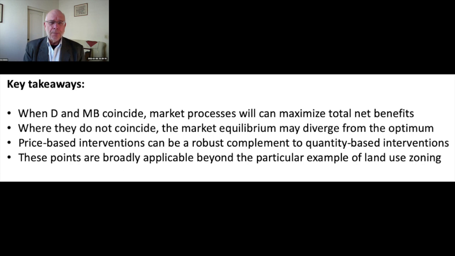However, often demand and marginal benefit curves may not coincide, and then the market equilibrium and the optimum diverge. And when that happens, price-based interventions can be an effective alternative to quantity-based interventions such as zoning allocation.